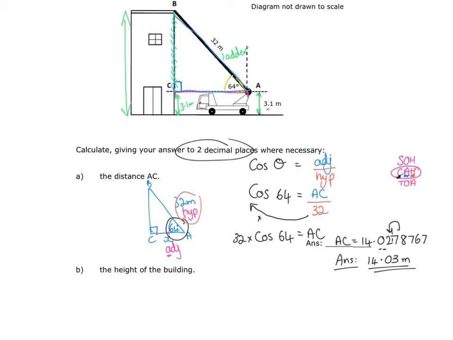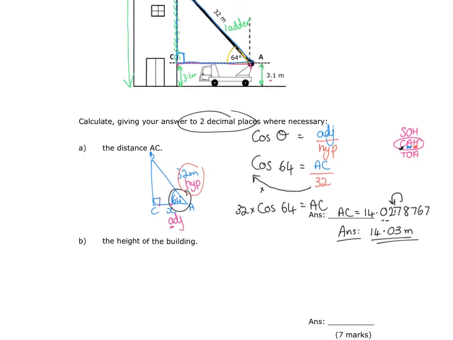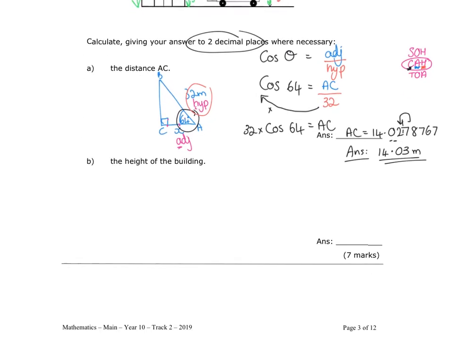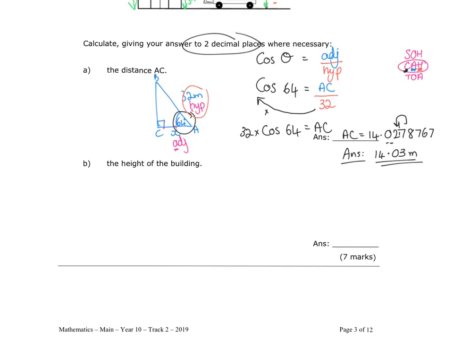So let's focus again on the triangle. Let me sketch it again over here. So this was 64 degrees. This was 32 meters. This is what we have to find first.